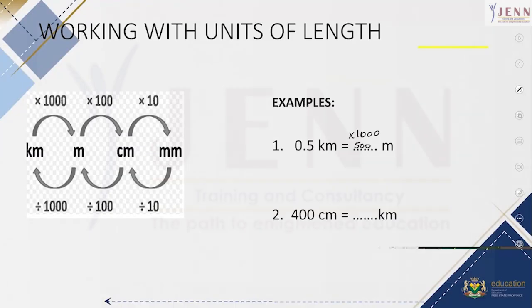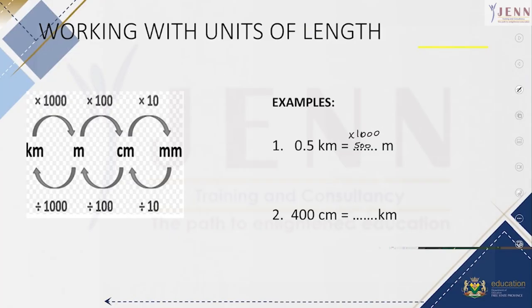So the answer will be 500 meters. Okay, another one will be convert 400 centimeters to kilometers. We are now moving to the left. Moving to the right, we multiply, but moving to the left, we divide by, I always say, the number of zeros. From centimeter to kilometer, we have 1, 2, 3, 4, 5 zeros.